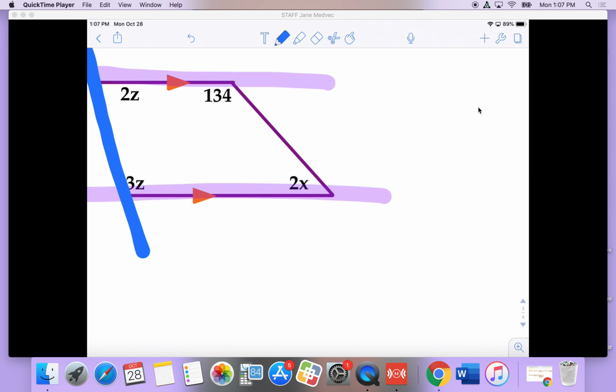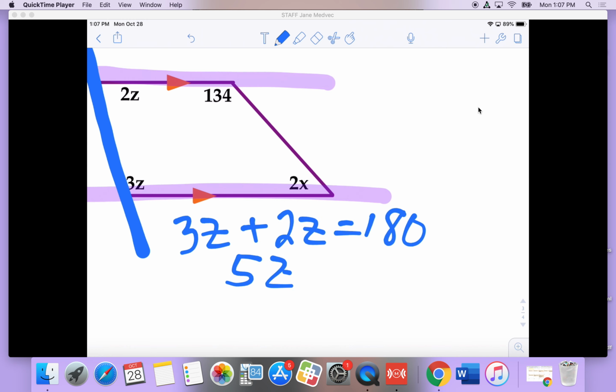So what do we do with them? Do we set them equal to each other? They're supplementary, right? So 3z plus 2z equals 180, 5z equals 180, and z gives me 36.